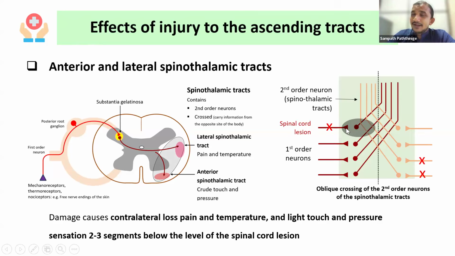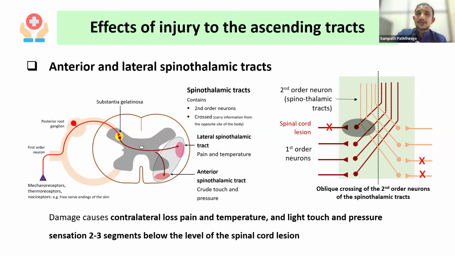At the level of the lesion, of course, the first order neuron and the nuclei will be affected. So there will be an ipsilateral band of sensory loss, on the same side, a band of anesthesia.